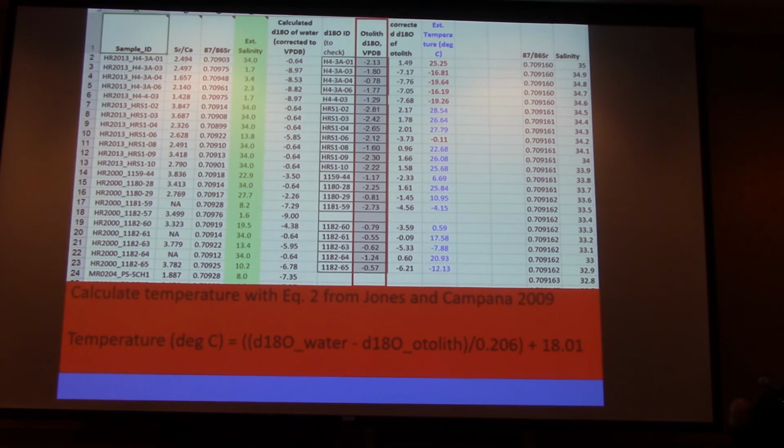And from there, finally, we can calculate the temperature that the fish were exposed to in the water just by using one of the equations that we found in Jones and Campana in 2009. And it's pretty simple arithmetic, just our water isotope, our otolith isotope, divide, add, bang, you got a number. Those were our numbers. Okay.